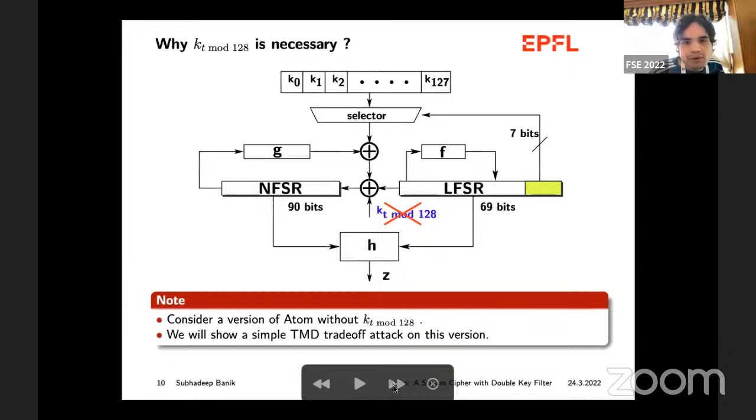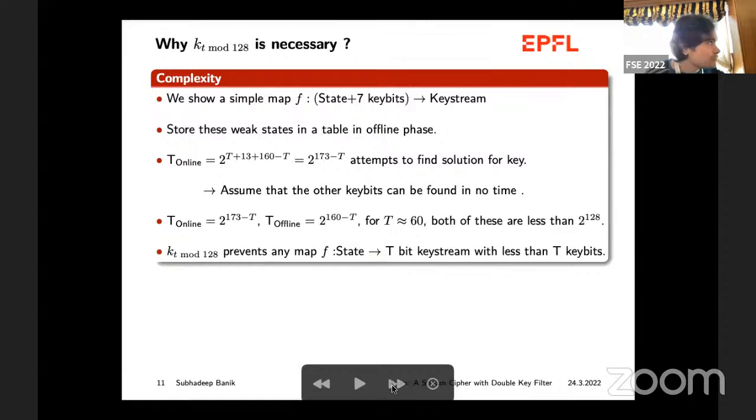Now, in order to explain why the second filter is necessary, we propose a simple time memory attack on a variant of our construction that does not use this second filter. We show that a very simple time memory attack is possible because we can construct a map from state to key stream that only requires 7 additional key bits.